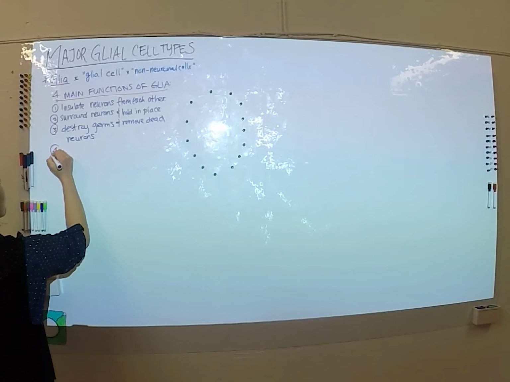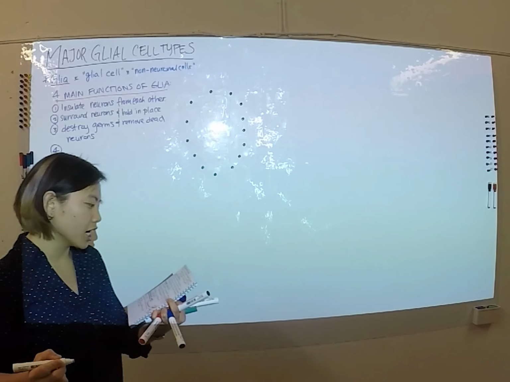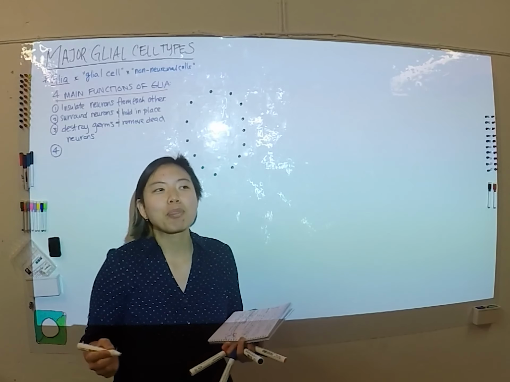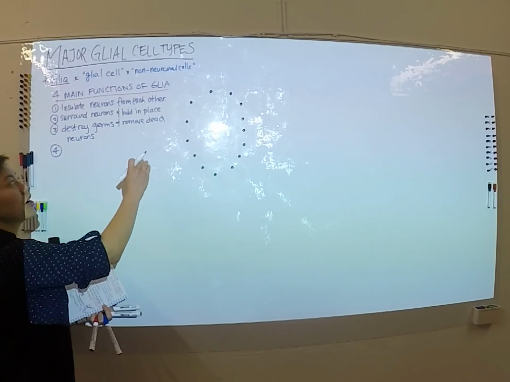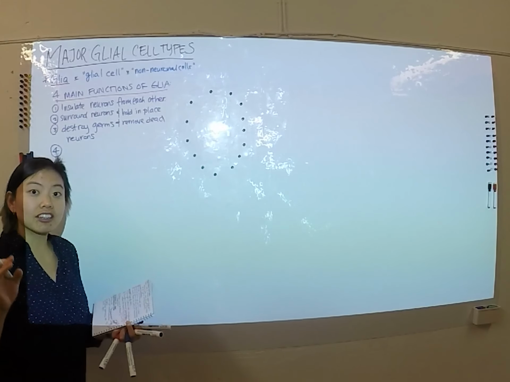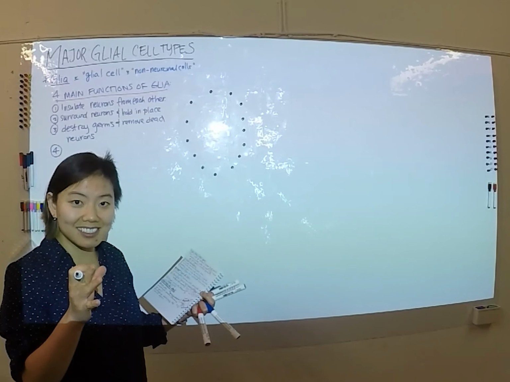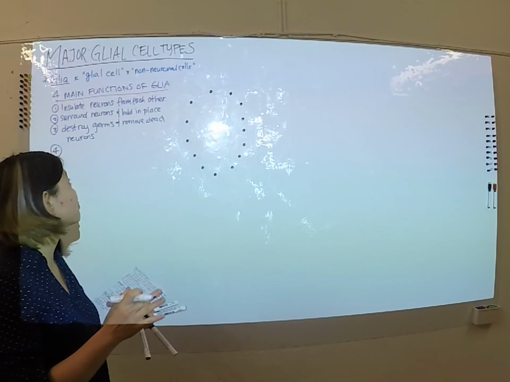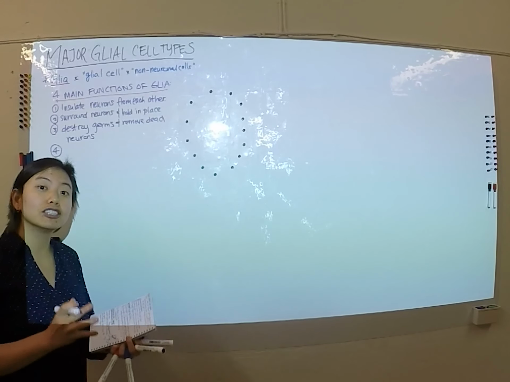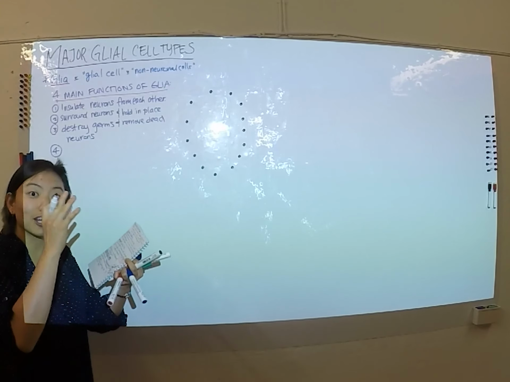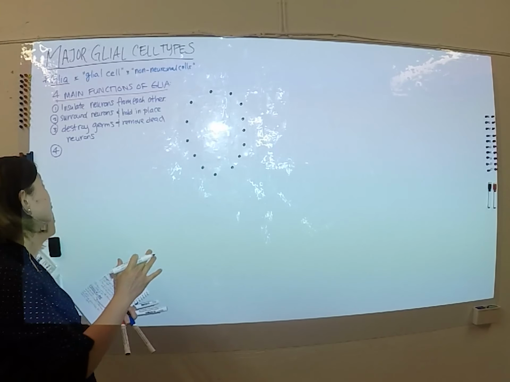Okay, then the last one, function number 4. What could it be? Okay, so far we've talked about they make sure that the electrical signal in the nervous system goes where it's supposed to by insulating the neurons from each other. They surround the neurons and hold them in place, so they provide structural support.